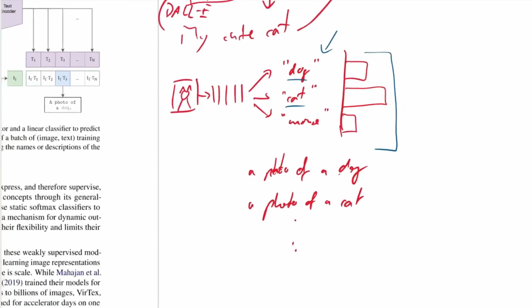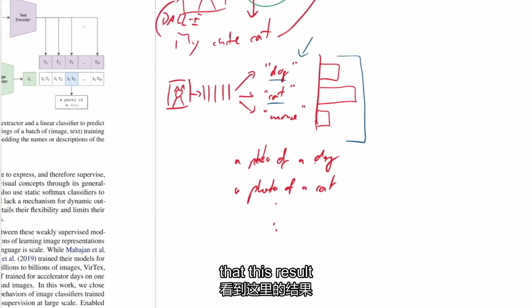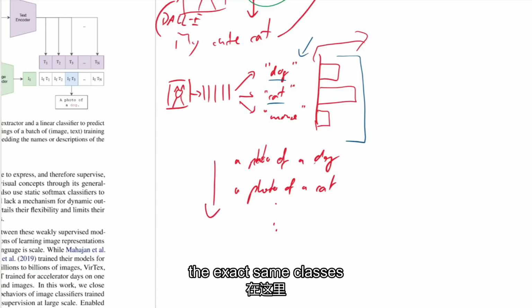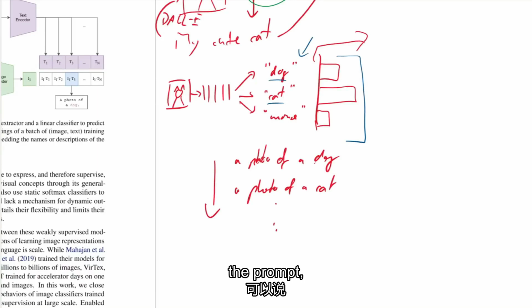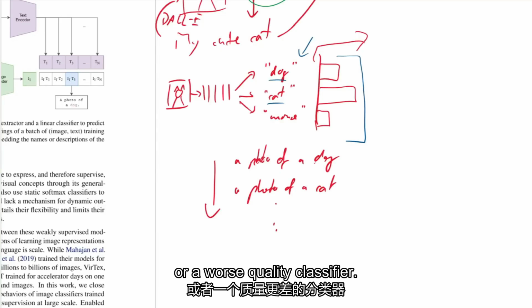And you can see that this classifier result might change depending on how you phrase it. You can use the exact same classes as above, but by rephrasing the prompt you might get a better quality classifier or a worse quality classifier.